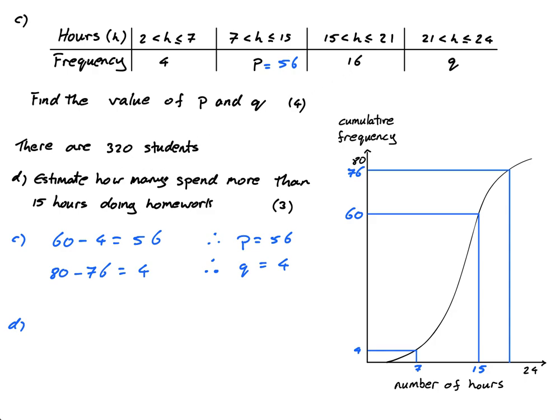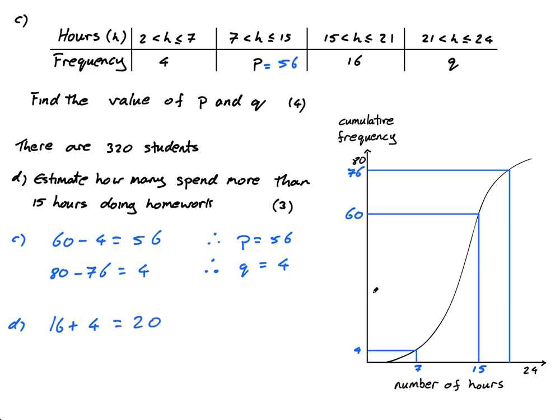So how many spend more than 15 hours doing homework? Well, more than 15, I have 16 plus Q. So let's say 16 plus Q, which is 4, is equal to 20.